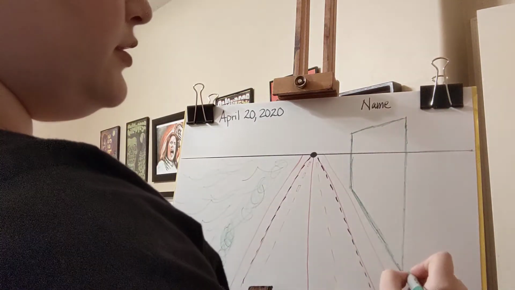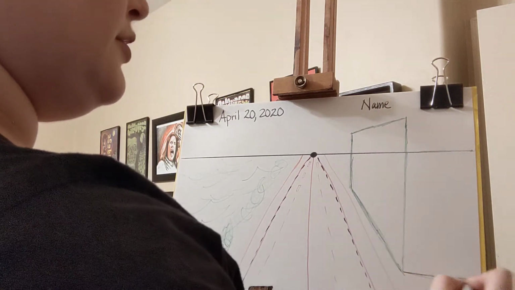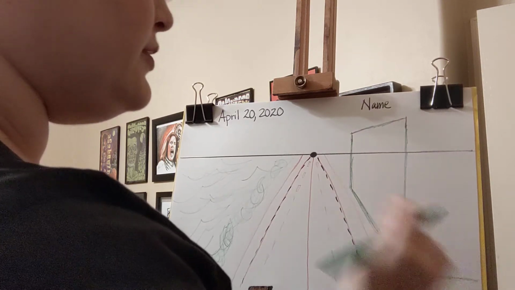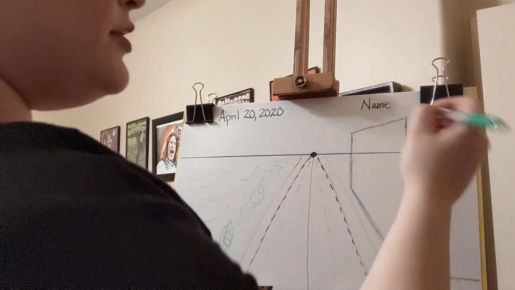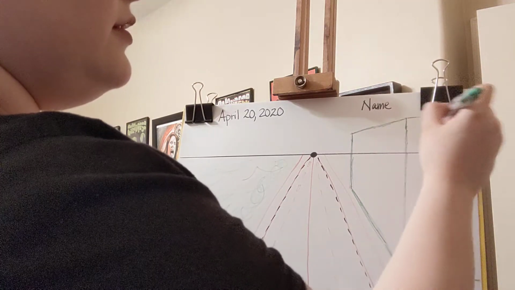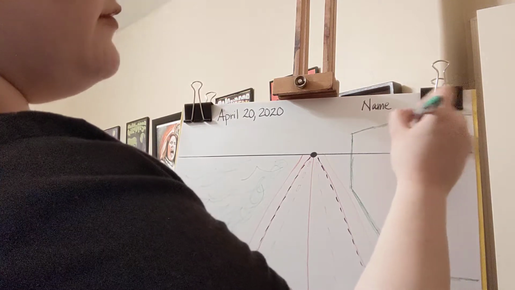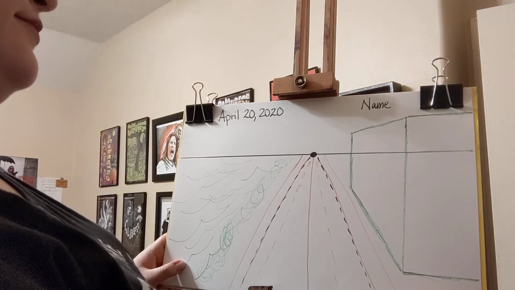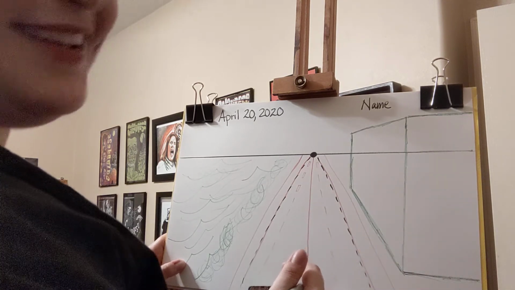And then to show a side of the building, you're just going to do it straight horizontal, left and right, same as the horizon line. Essentially what you're going to be drawing is the front side of a cube, more or less.